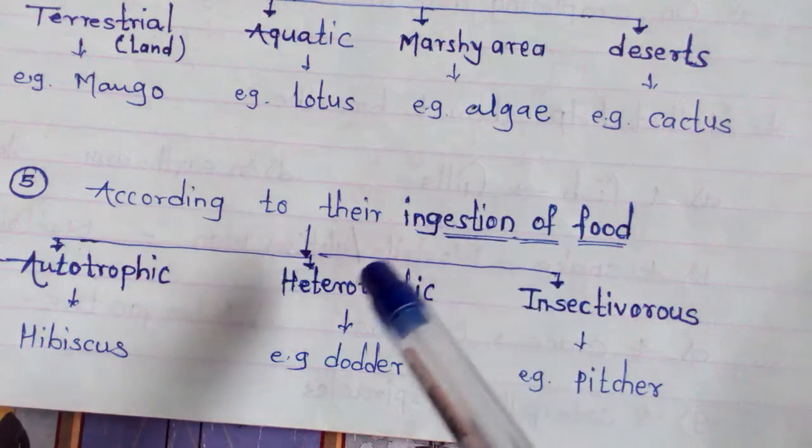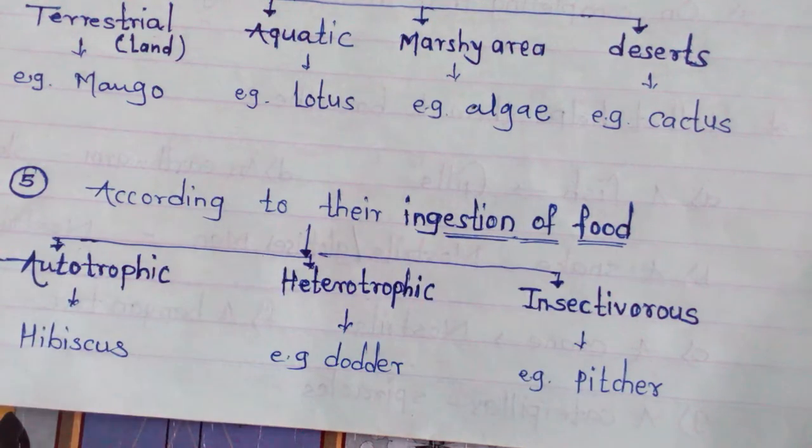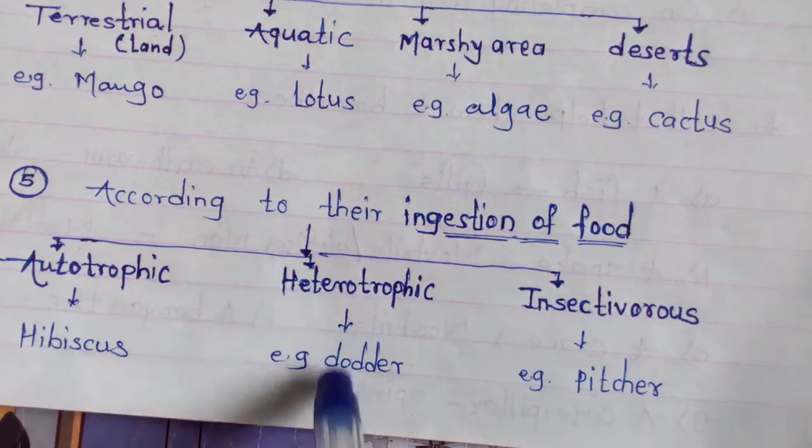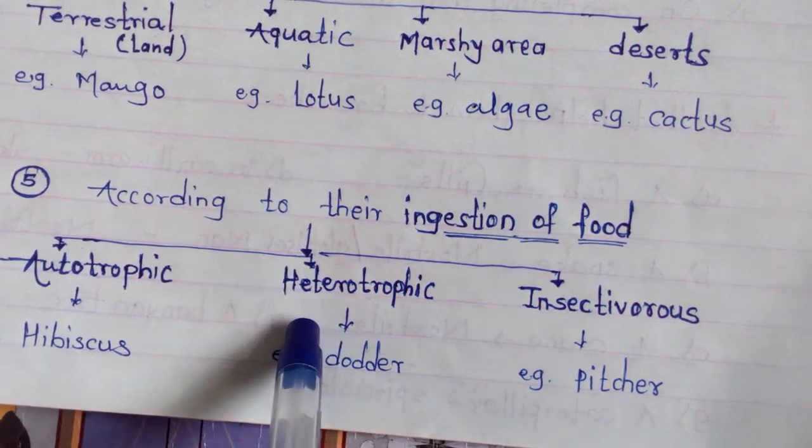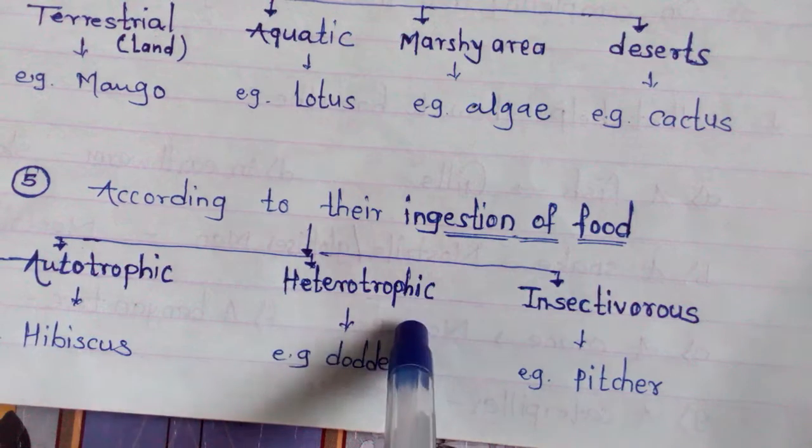Such a type of plant is said to be a heterotrophic plant.